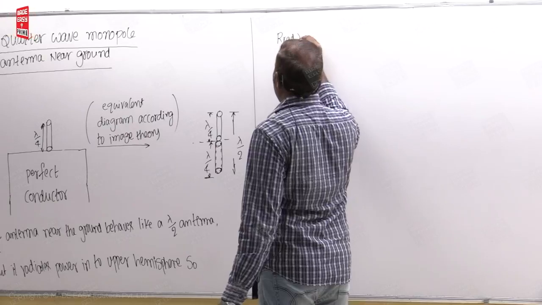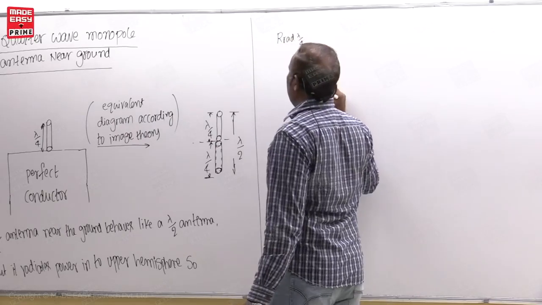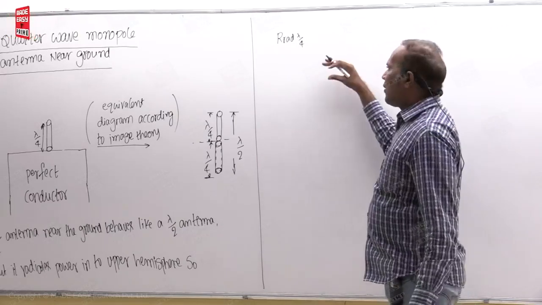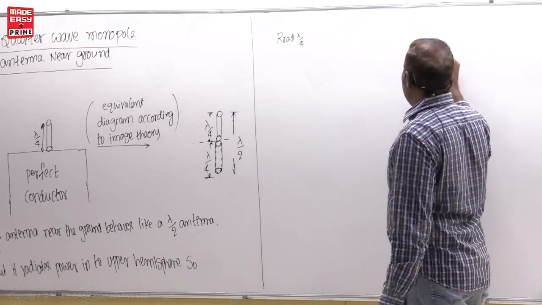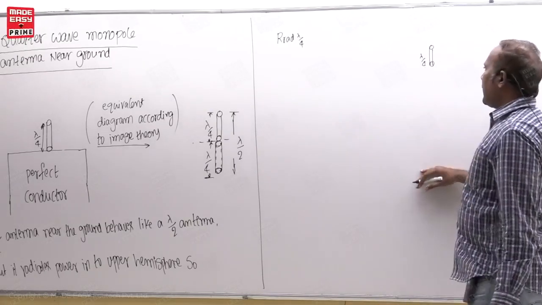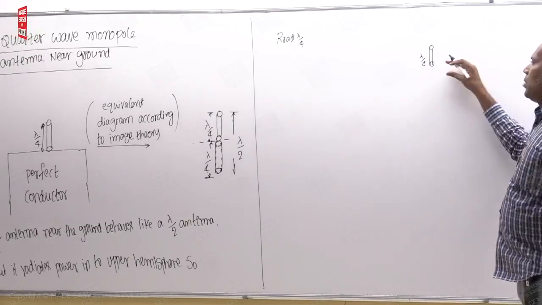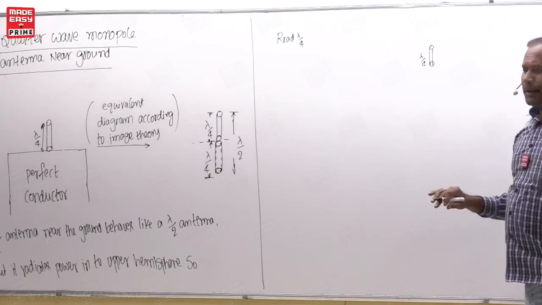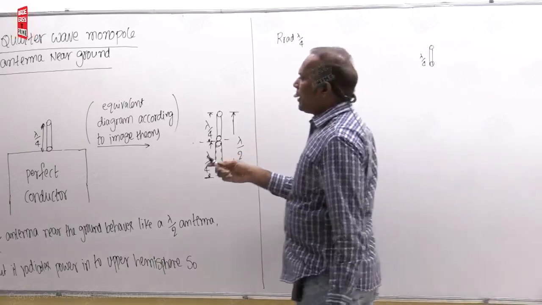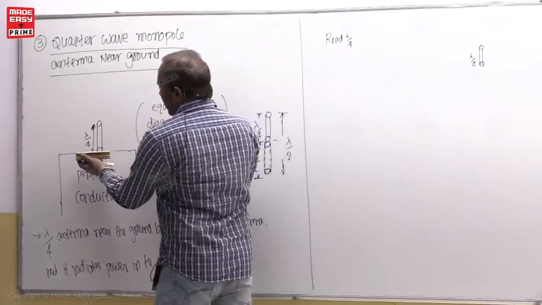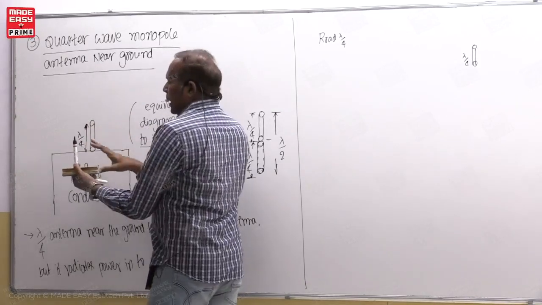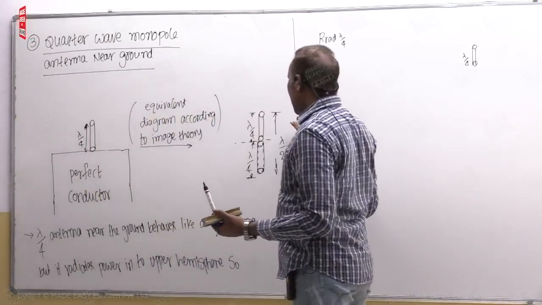Radiation resistance of lambda by 4 near the ground. Even if it is not near the ground, the same formula applies, student. If lambda by 4 is away from the ground, then it is half of lambda by 2, so the radiation resistance is 73 by 2. If the lambda by 4 antenna is near a very big conductor, the equivalent is like lambda by 2.